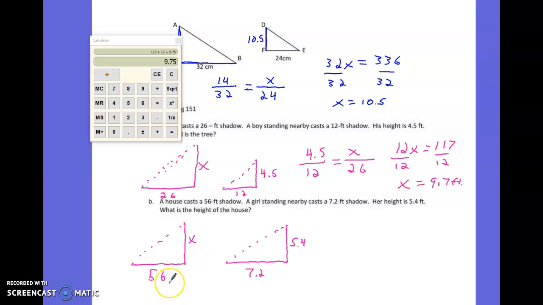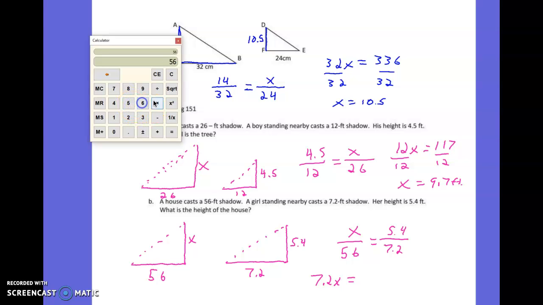Well, we don't know. I'm going to set this up a little differently. I'm going to set up x over 56. Why not? Just because. So we know that x corresponds with 5.4, so we put the 5.4 on top. And on the bottom, 56 and 7.2 go together. Then you cross multiply. X times 7.2 is 7.2x, equal to 5.4 times 56.